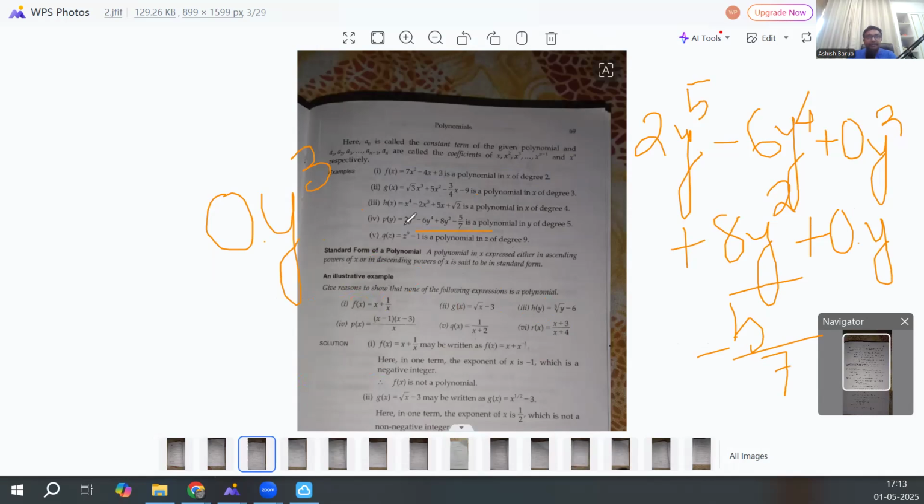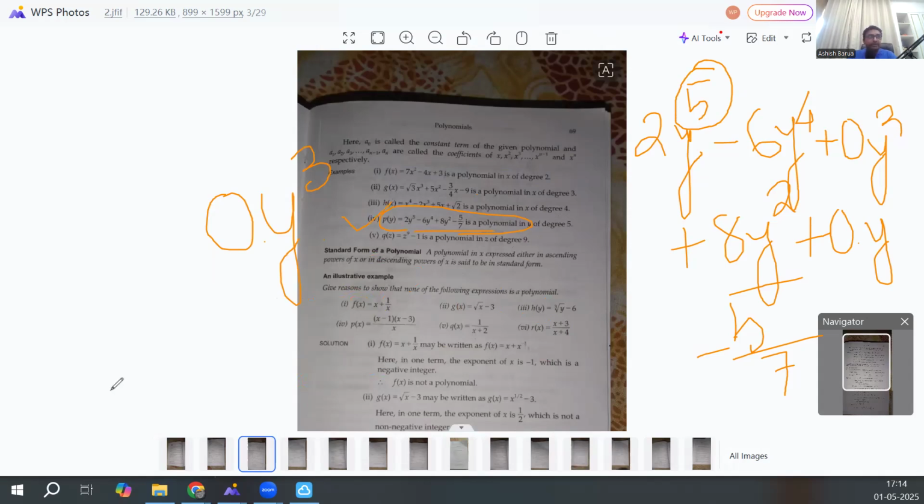Although with this type you need not write the 0 terms, for your understanding, y cube is not available, which means the coefficient of y cube is 0 and the coefficient of y is 0. Thereafter, you arrange it. What is the highest degree? The highest degree of the polynomial is 5. So for this polynomial p(y), the degree is 5.